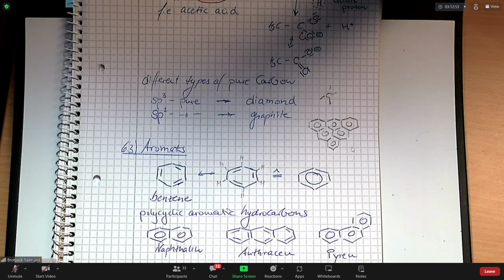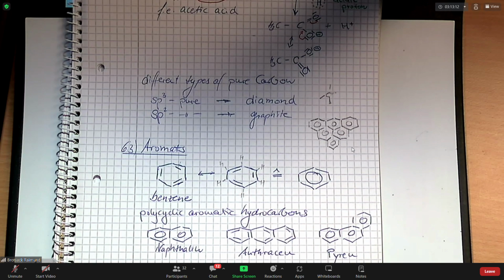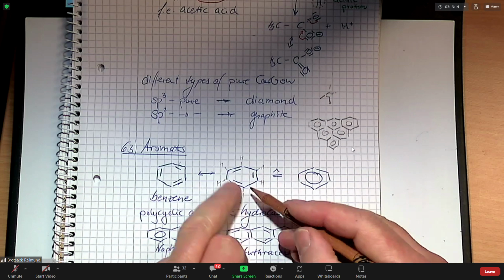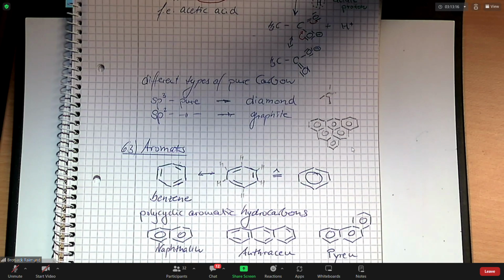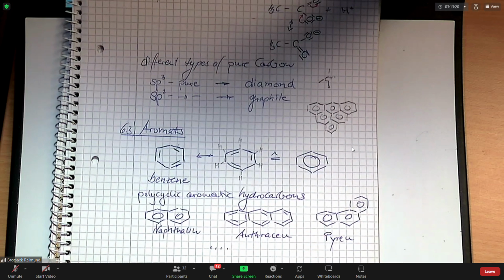One, two, three, the double bond, four. And this is the case for all the 6 C atoms. All of them are sp2 hybridized. That means it is a trigonal surrounding, and the trigonal structure is planar. And if this is the case for all of them, the whole structure is planar. And if this is the case for the condensed ones, the whole big systems are planar.